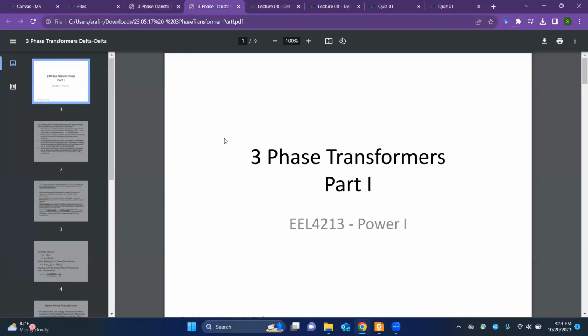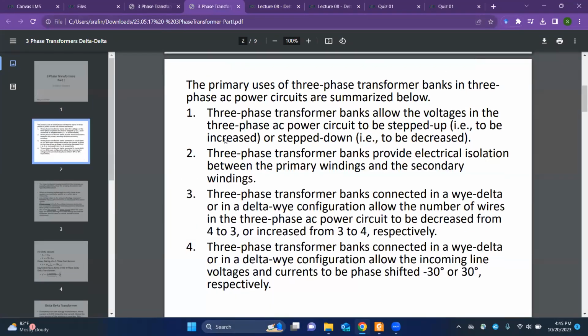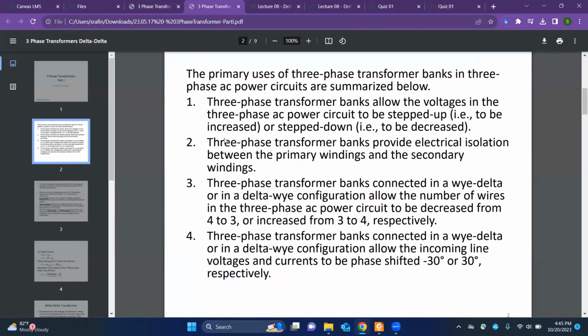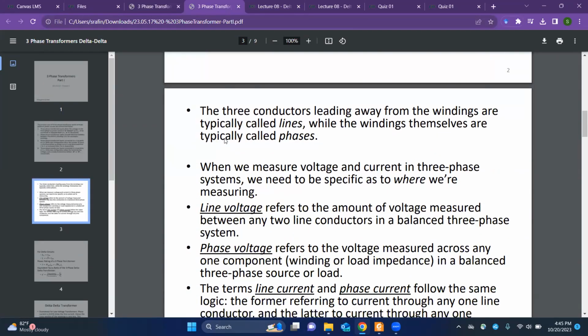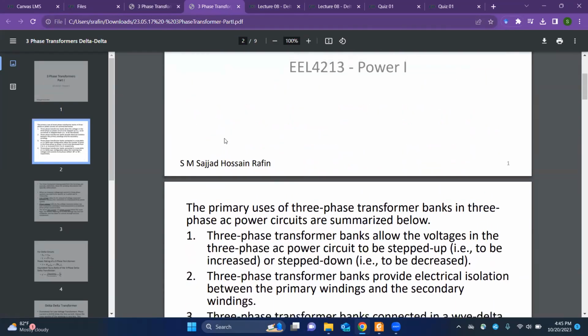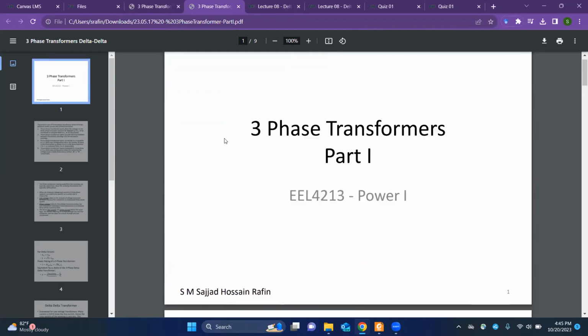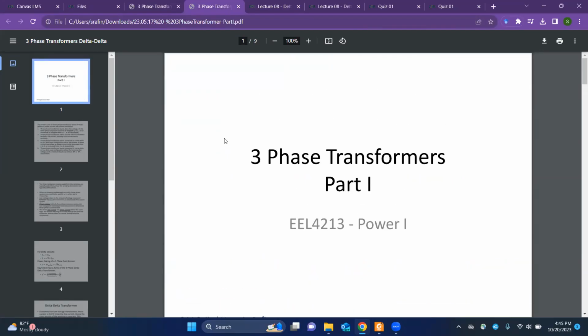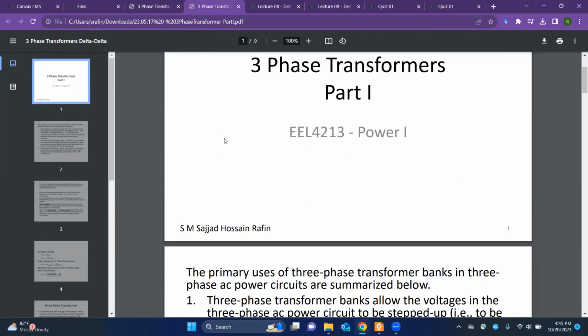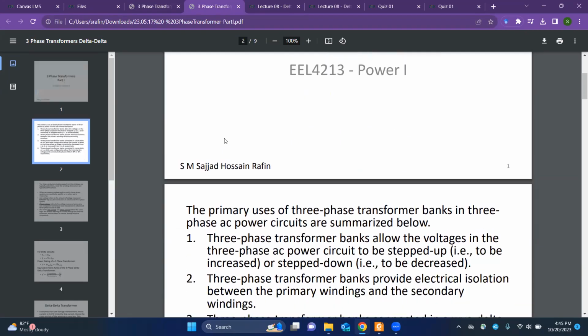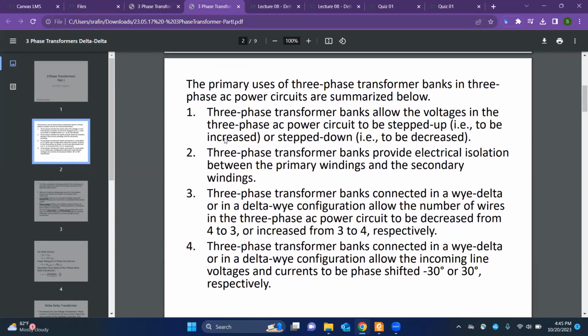I'm not gonna go into much details because you've already learned about this. Any three-phase connection is actually made in such a way that it has two distinctively different connections. One is called delta connection, another one is called Y connection.